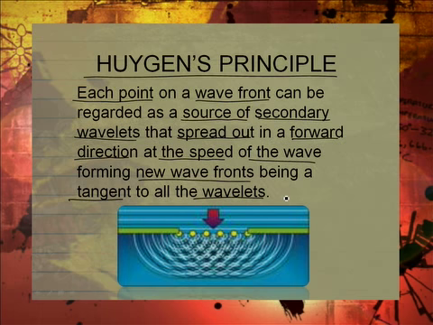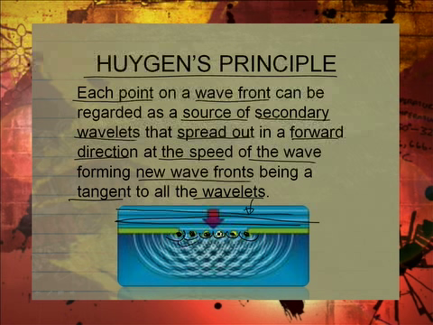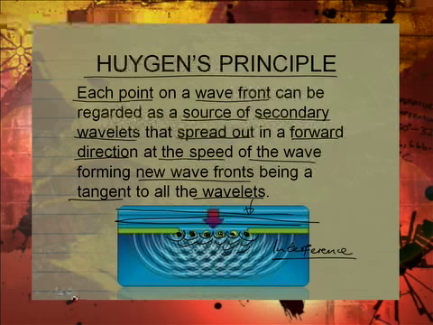So what Huygens is saying here is, if we have a wave, those are wave fronts, coming in that direction as shown, gets to the edges of the obstacle, and they begin to bend around the edges. As they do that, every point on this wave front can be regarded as a source of secondary wavelets, and these secondary wavelets will be forming in the forward direction, moving at the speed of the wave, and as they do that, interference takes place, either destructive or constructive.